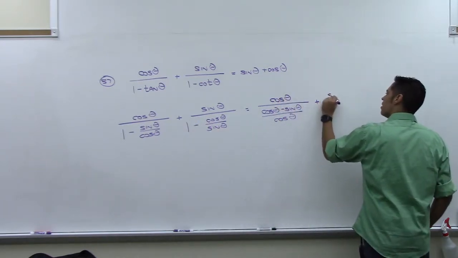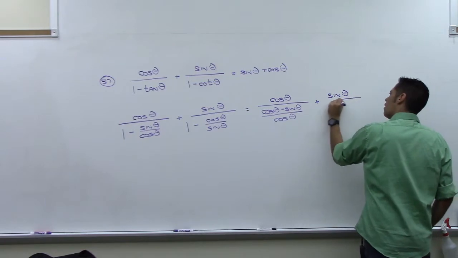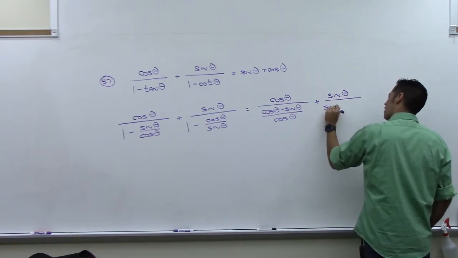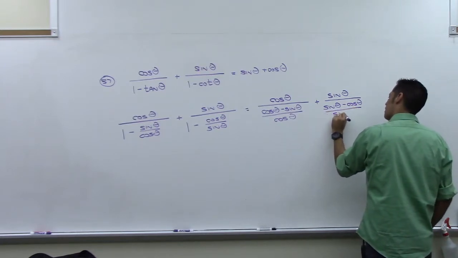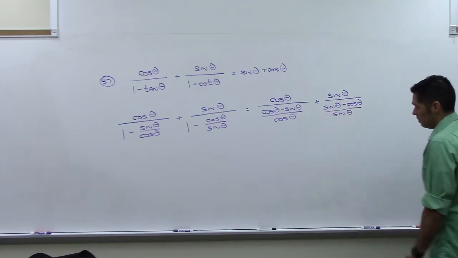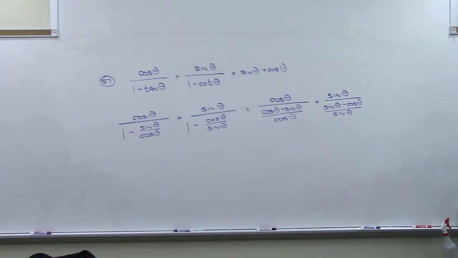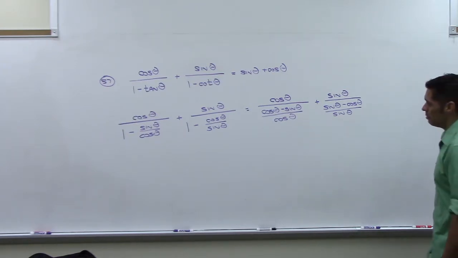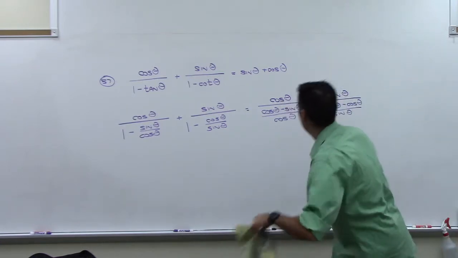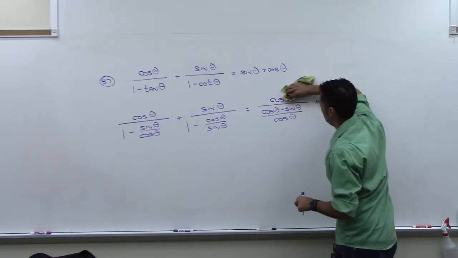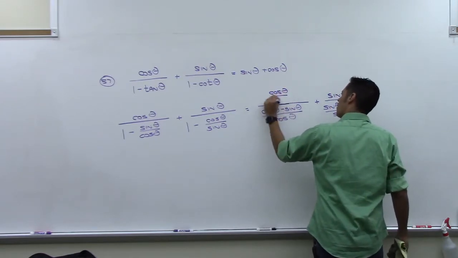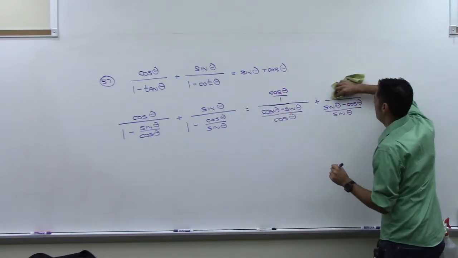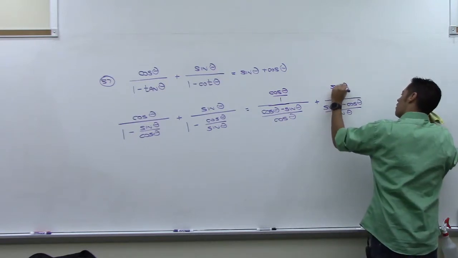So I should have sine theta over sine theta minus cosine theta over sine theta. And let's do a reciprocal. So let's keep in mind here that this cosine theta on top is really like cosine theta over 1, and this sine theta on top is really like a sine theta over 1.